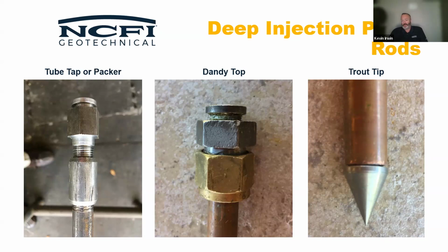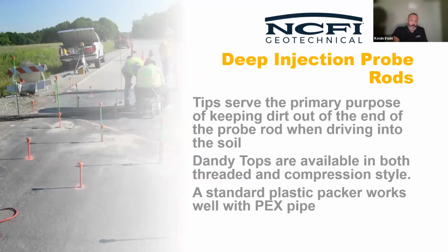In place of a drive tip at the end of your probe rod, if you're using PEX, and you're trying to drive PEX down 6 feet, that's not going to work. So I need to have some type of a solid rod down the center of the PEX, and I can do that with a copper tube or even a steel tube, and use a driving rod that pokes out the bottom. The main function of that tip is to keep soil from getting up in there and plugging it, and then having it blow back at the operator who's injecting. So there are varying options for these, but these are the most common.